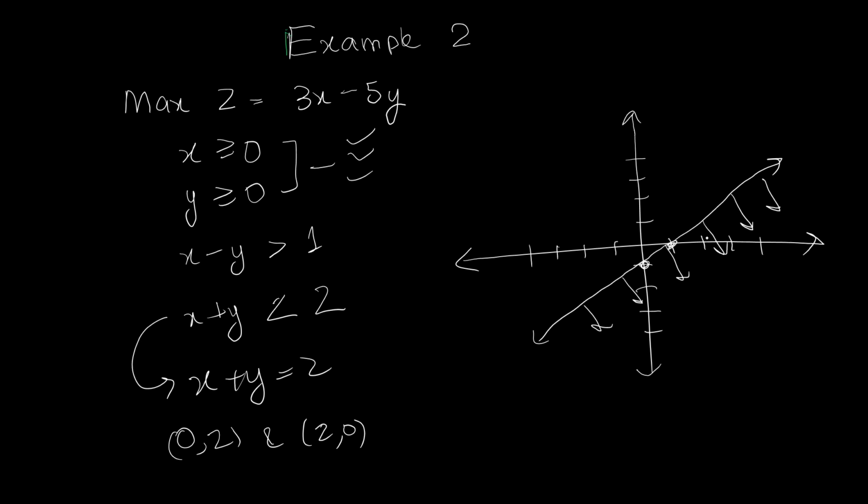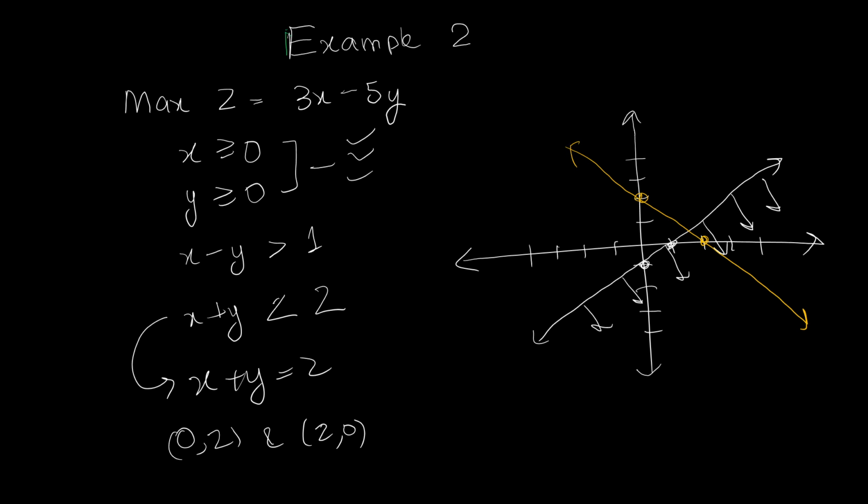So 0, comma 2 is here, and 2, comma 0 would be here. So we'll have the line like that.